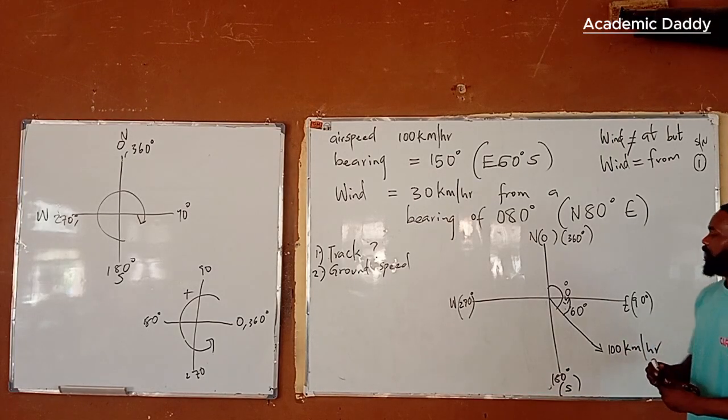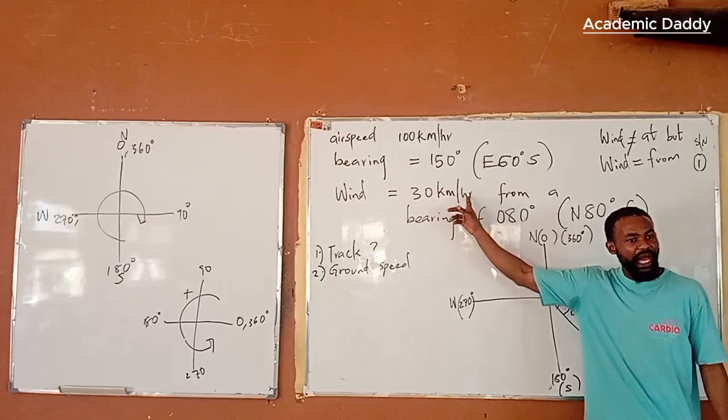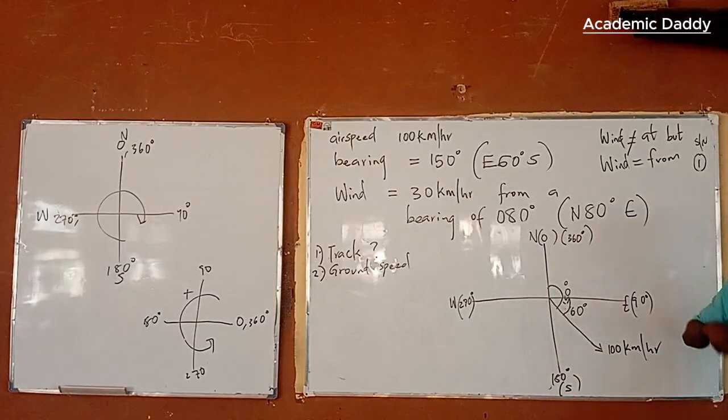This wind is 30 kilometers per hour, but it is coming from a bearing. If it is coming from a bearing, where is it going to? Hope you remember that a vector talks about magnitude and direction. So if that wind is blowing, where is its direction? Your direction is not where you are coming from, but where you are going to. So where is it going to?